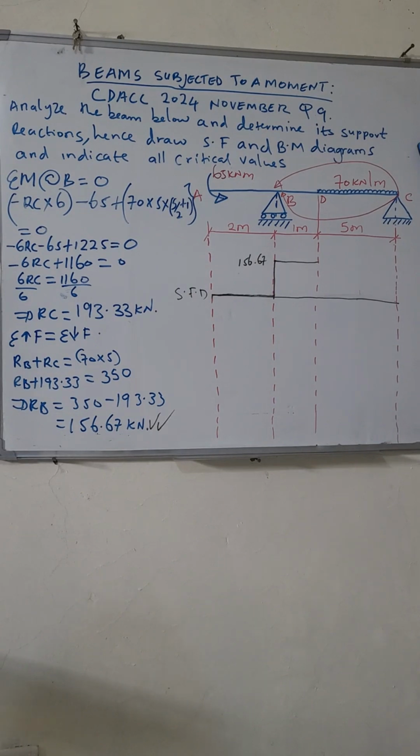So 156.67 minus 70 times 5, which is 350.